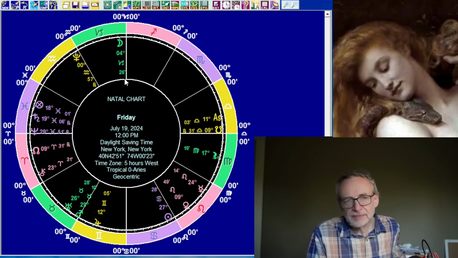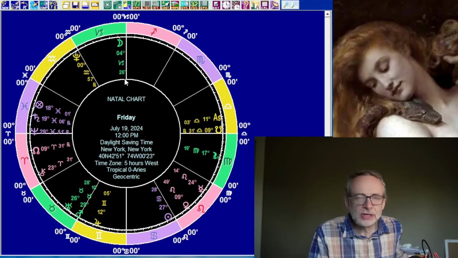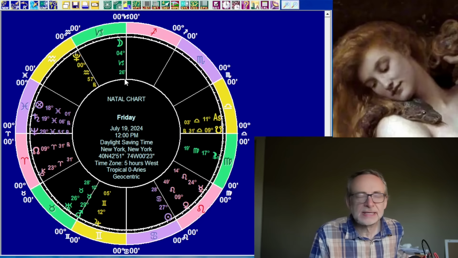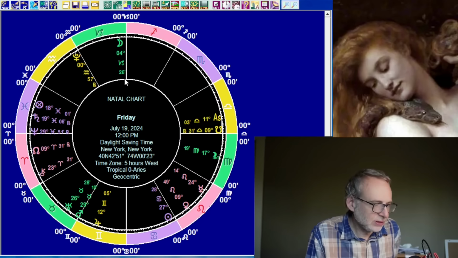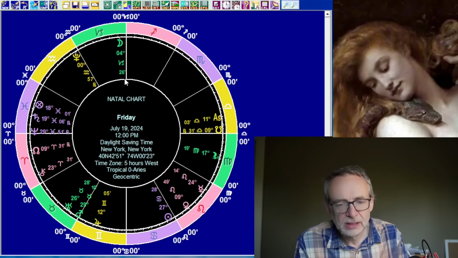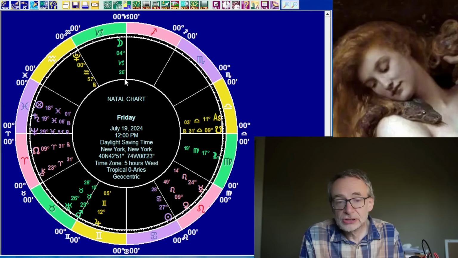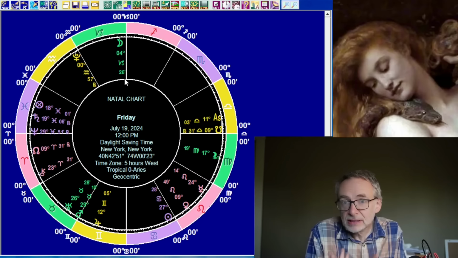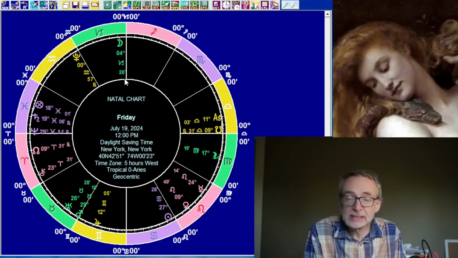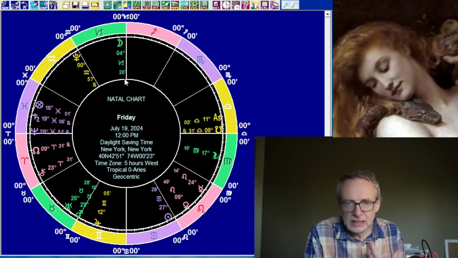But in different hands, Sun semi-square Jupiter is going to work in different ways. In other hands, Sun semi-square Jupiter may just be about exaggeration, people just taking things too far. It could be taking emotion too far. Sun in Cancer, quite an emotional placing. Sun in Cancer, semi-square Jupiter in Gemini. Going too far with emotions.